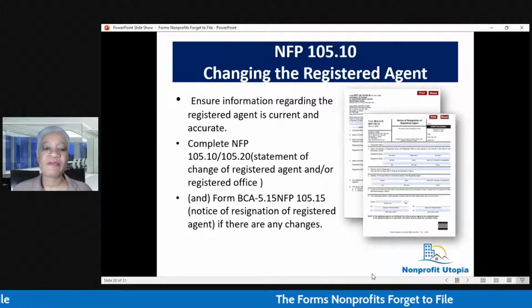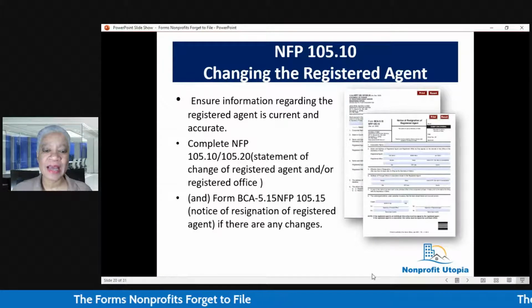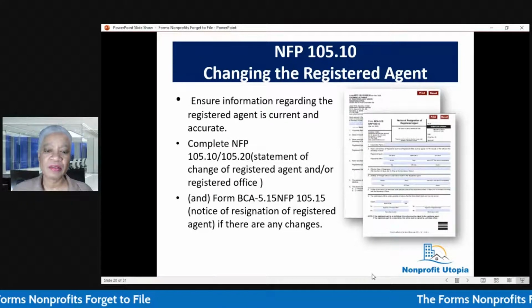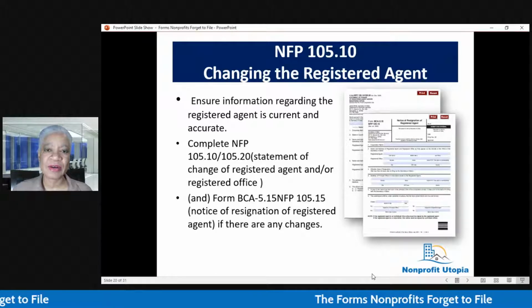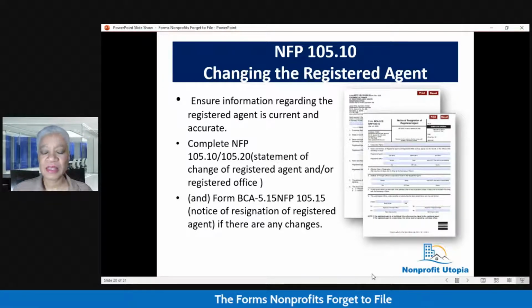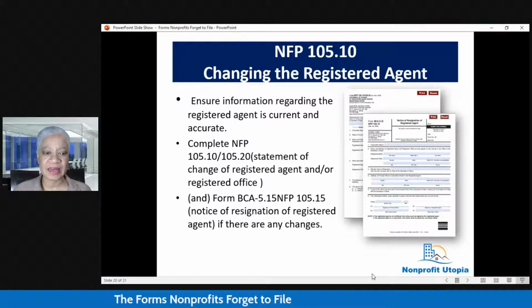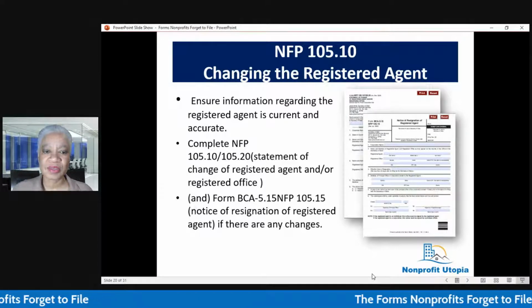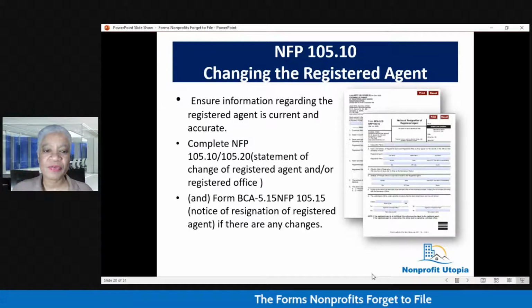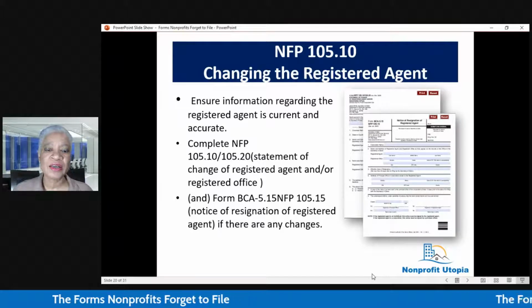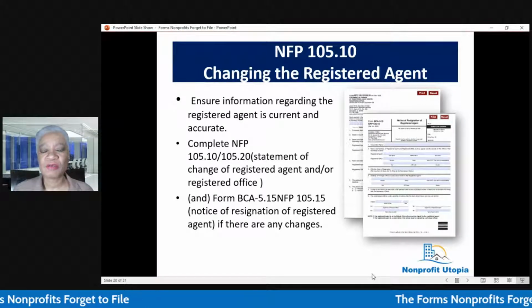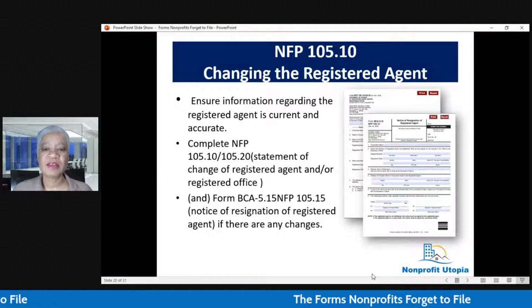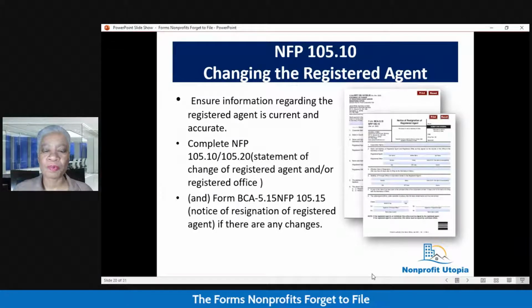They never got the notices for filing Form 990 or any of their other forms. And by the time the IRS finally caught up with them, so to speak, or there was finally an acknowledgement of this new address, they were on the verge of losing tax exempt status. So the lesson learned there is make sure that if your registered agent changes, or if your address for the organization changes, to file this form.